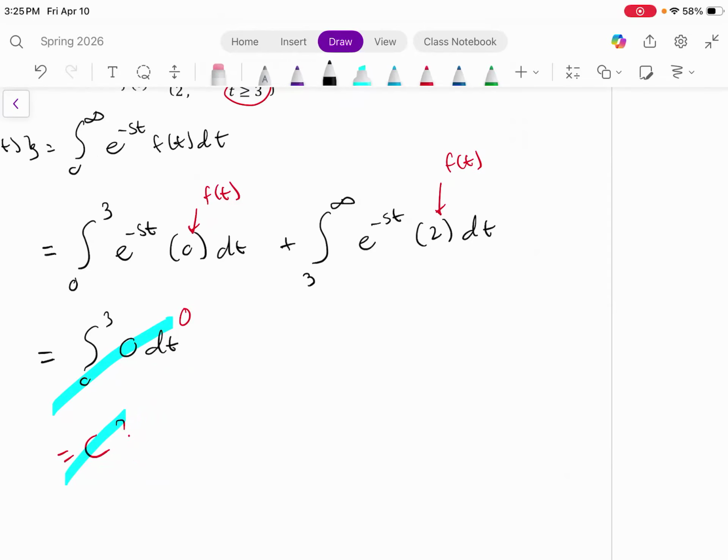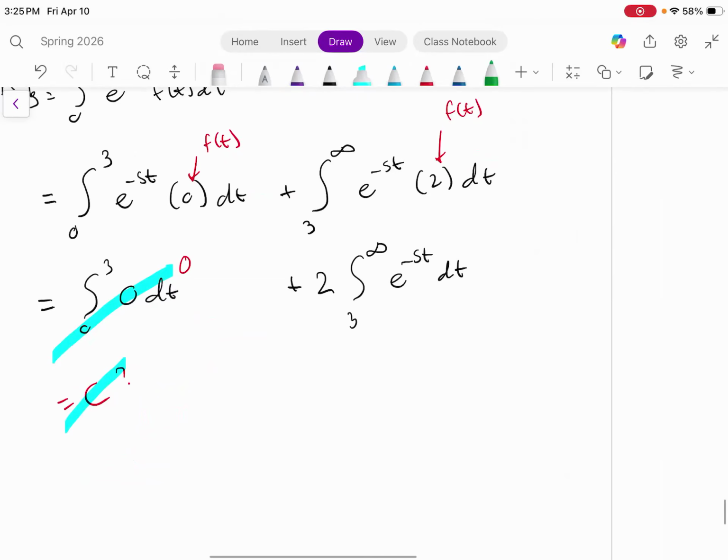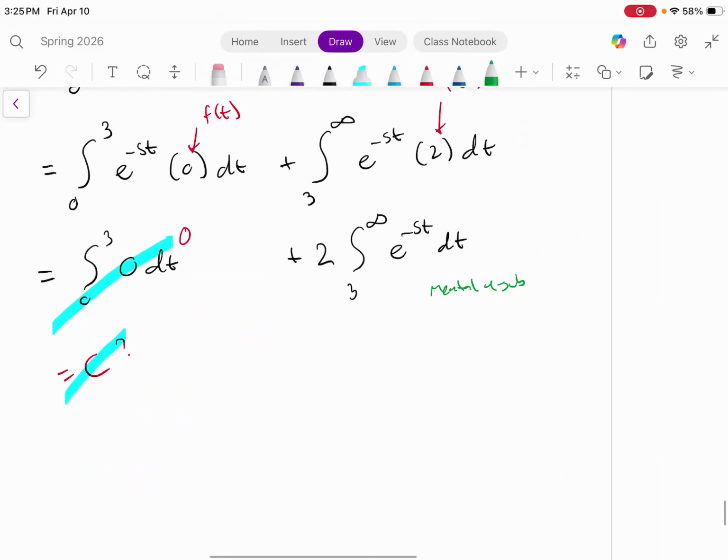We just have this integral here. How do we solve it? Maybe we could take out the 2. And then here it's just a u-substitution that we've seen quite a bit. And so this would be 2e to the negative st over negative s, going from 3 to infinity.